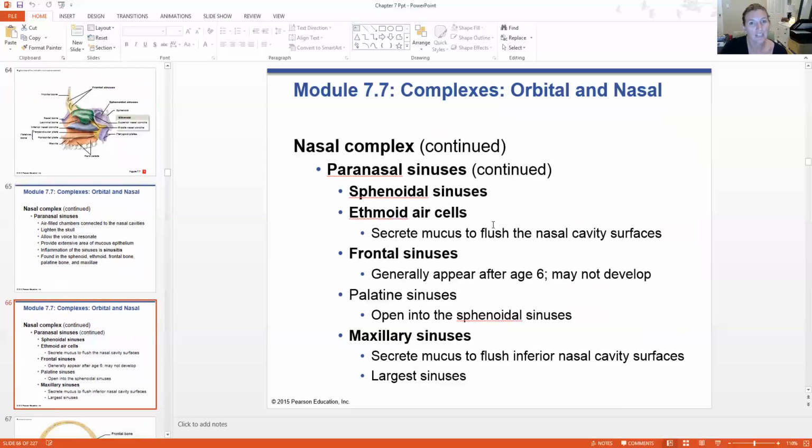All right. Nasal complex has different chambers to it, like the sphenoid sinuses, the ethmoid air cells, which are basically like a honeycomb area of bone that fill with air and fluid. Sometimes they have mucus in them, depending on if there's infections. The maxillary sinuses are there, kind of below the nasal cavity.